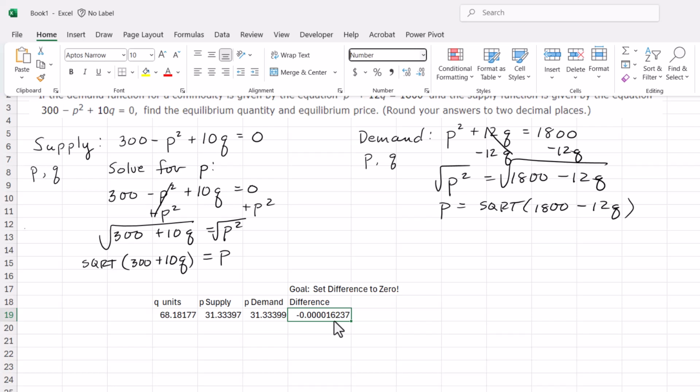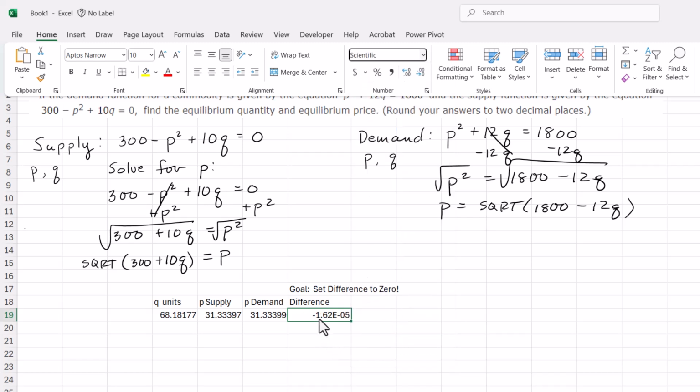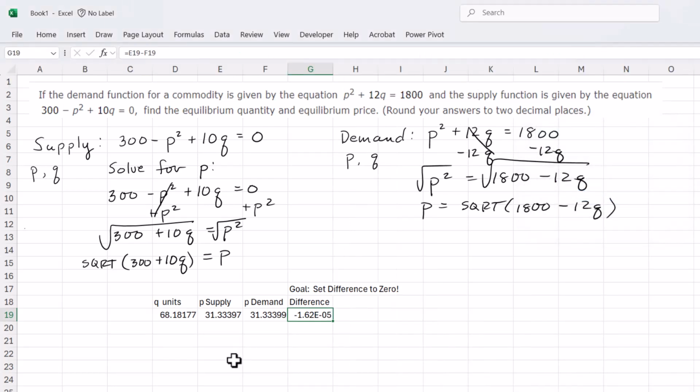But that's after I move the decimal 5 places to get it behind the first significant digit. So if I change it back to scientific notation, see 1.6, and then the E with the -5 is telling me that the decimal got moved over 5 places. So the number of units is 68.18, and the price for either the supply or the demand was 31.33.